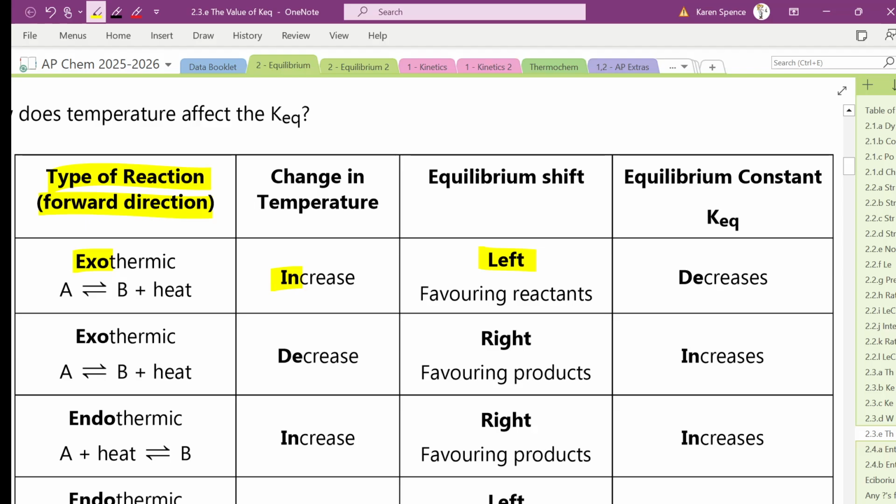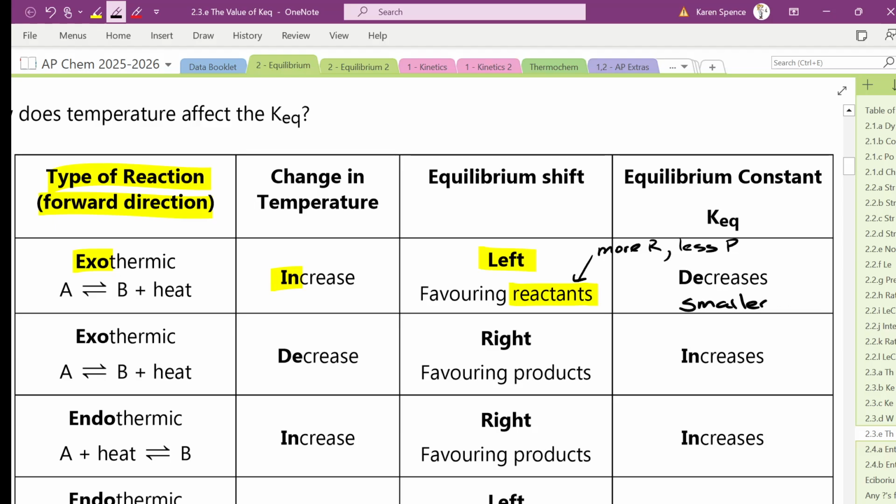And if the system shifts to the left, we end up with more reactants and less products, which means that if we have more reactants and less product, KEQ gets smaller.